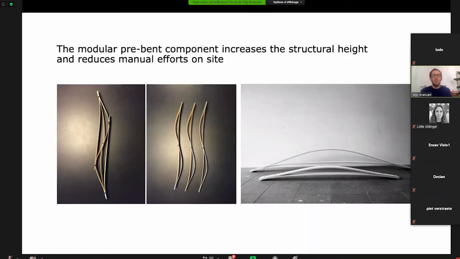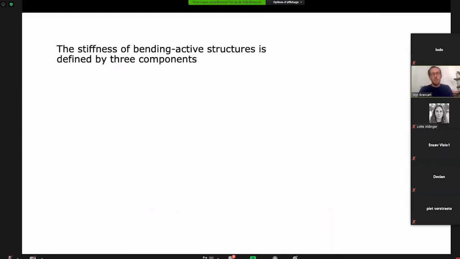So we started to experiment with some modular components that we could bend, that could then be used for our structure, but ended up with a very simple one: just 2 layers connected to each other with a different length, which, by connecting them pre-bent, pre-curved elastically, makes a component that is double layered, so has a higher structural height, but is also already curved, so we didn't have to push and pull all the components that much when we were assembling them on site.